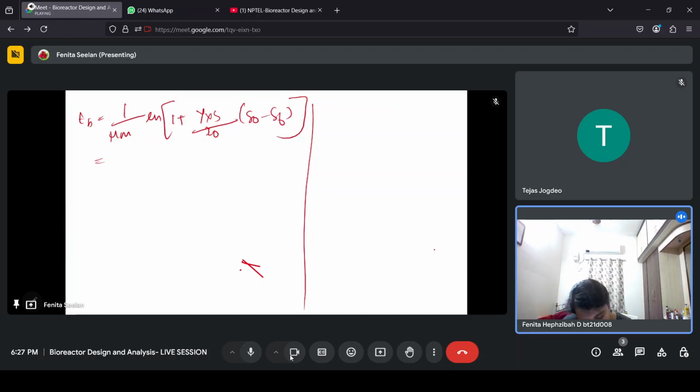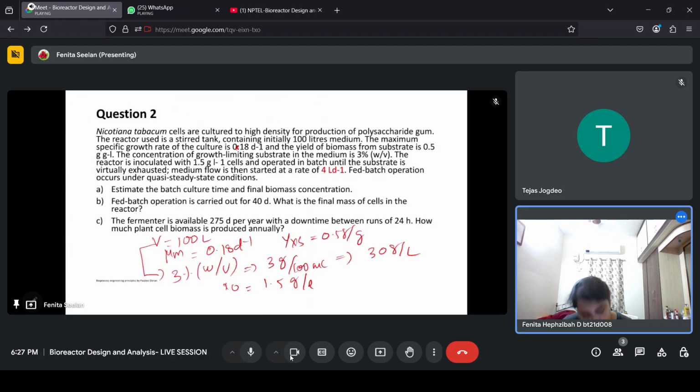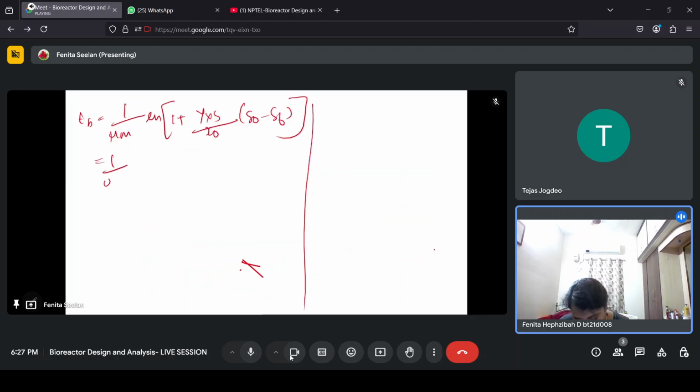So what is the value of mu? Mu is given as 0.18 day inverse. So 1 by 0.18 ln of 1 plus 0.5 is the yield, and X naught is 1.5, S naught is 30, and we know that substrate is getting limited at the end of the batch. So let's keep it as 0.